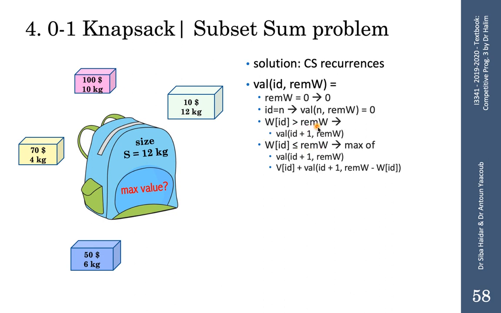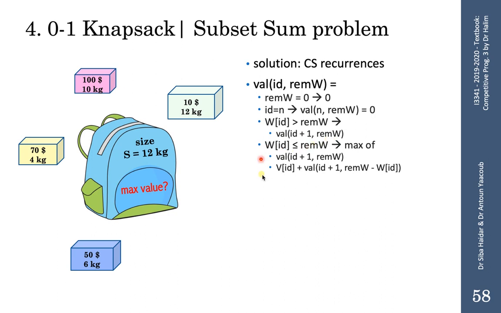If I don't have any option to take it, I just skip it and pass the turn to the next item, so I will return the value of id plus 1, and remw will stay as is because I didn't use any weight. The value will stay as is and the weight will stay as is.